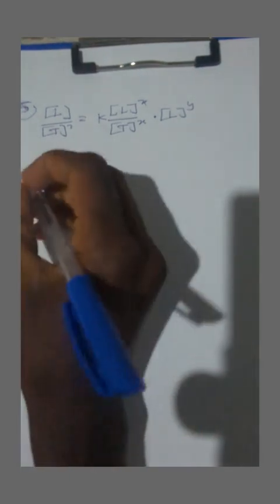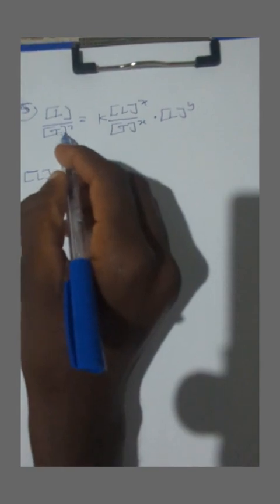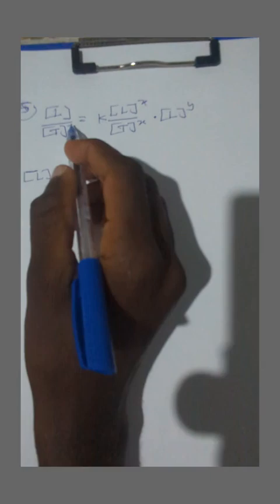Let's say we have L over T squared equal to constant k, L to the power x over T to the power x, then you multiply by L to the power y. What is happening here is this. When I say you need to change all the denominators to become numerators, if you change this one to a numerator, meaning a power of -2, it won't be positive 2.